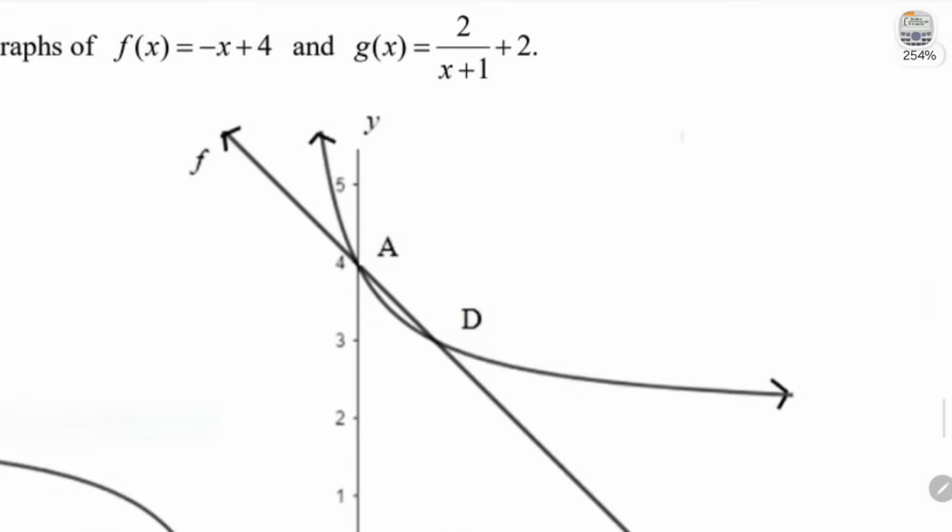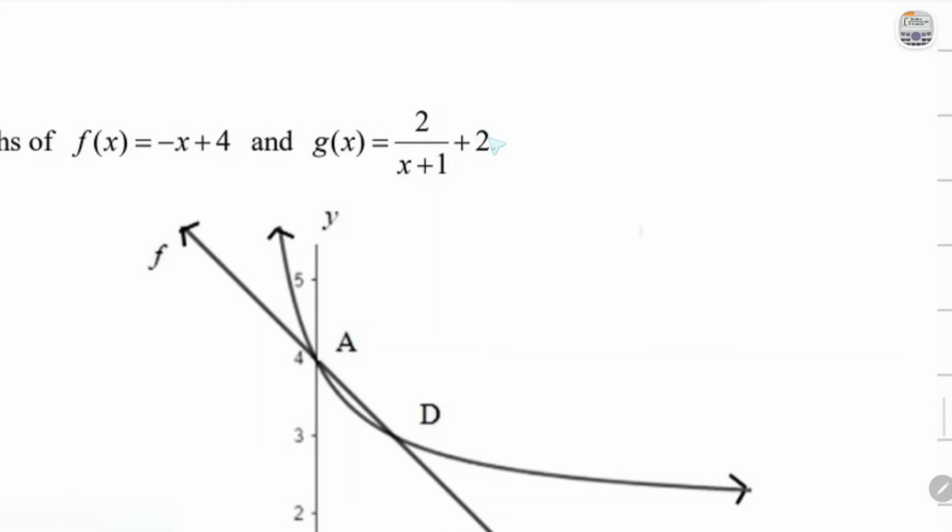So we have 2 over x plus 1 plus 2. The original form of a hyperbola is y equals a over x minus p plus q. And p and q are your vertical and horizontal asymptotes. So in this case, because we have x plus 1, it means that your vertical asymptote is going to be at x equals negative 1.